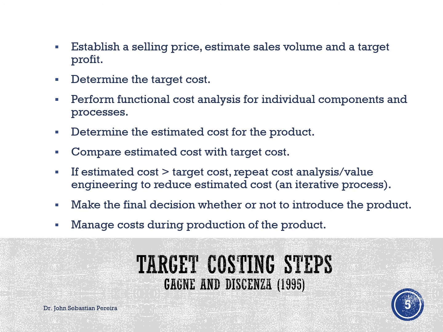Finally, once that is achieved and the product is introduced in the market, the next big step is to ensure that this cost stays within the set defined conditions. So management of the production cost after the product is introduced in the market will ensure that the product is viable for the business.